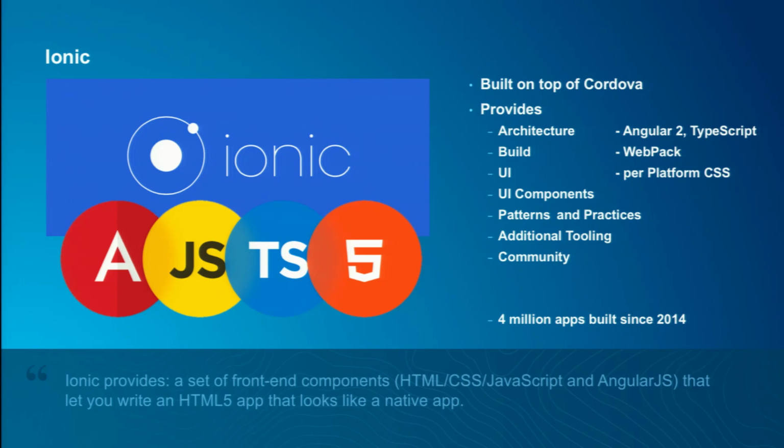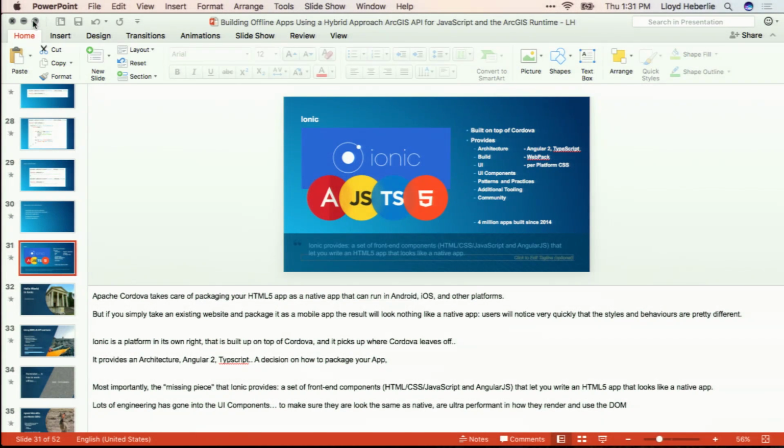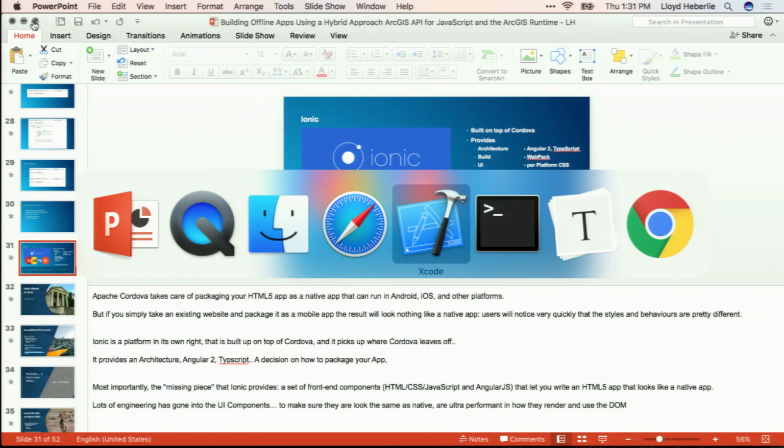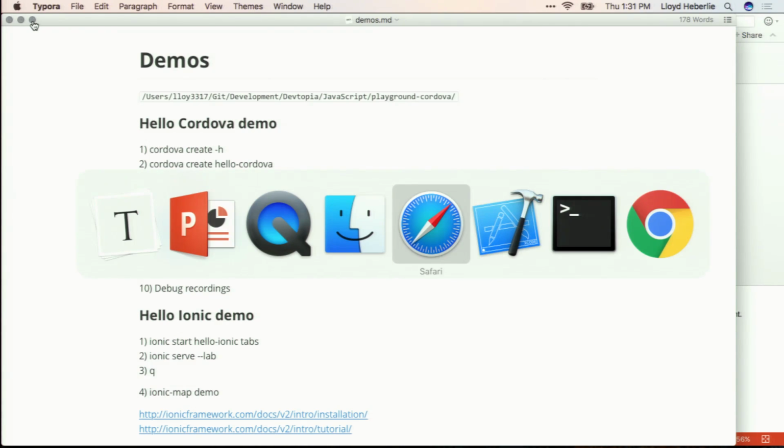Yeah, Ionic is absolutely great. It's built on top of Cordova, but it gives you a lot of HTML components that are really optimized. When you use mobile devices and you're going up and down lists in a native application, that's really smooth.